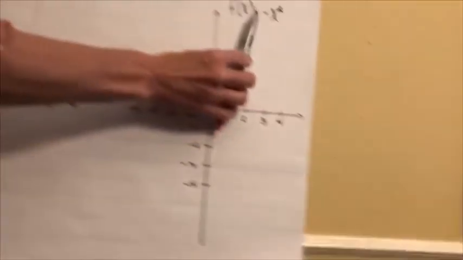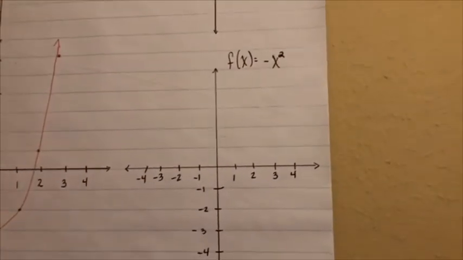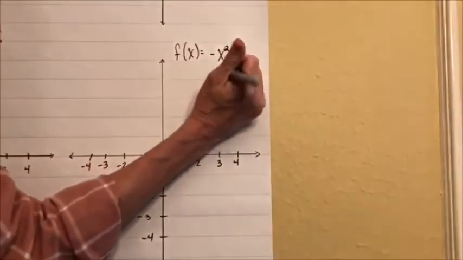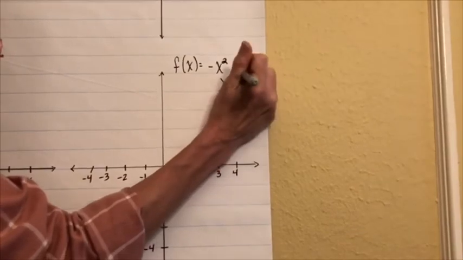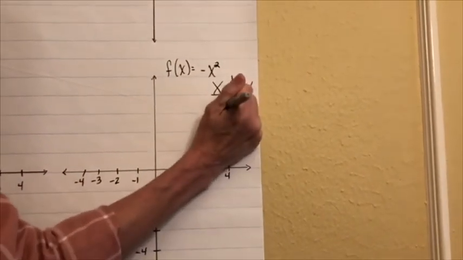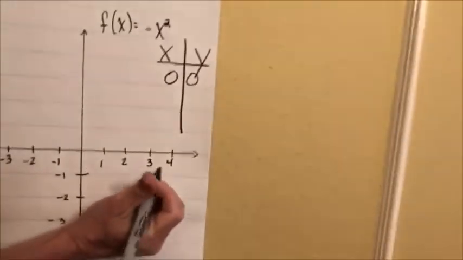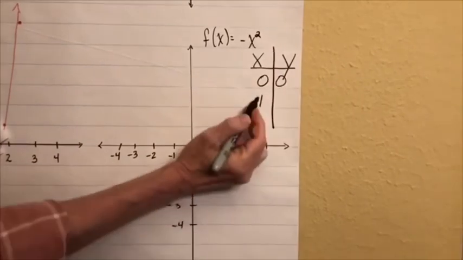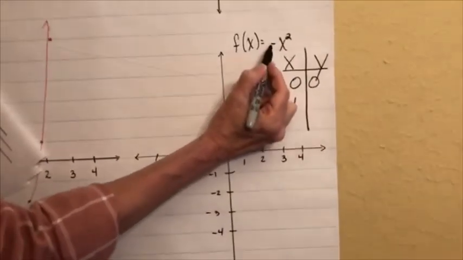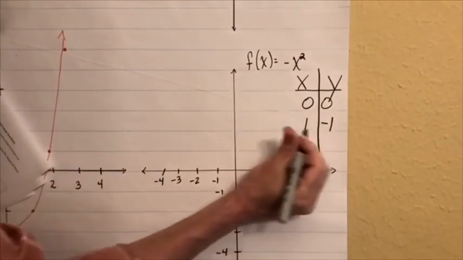What happens when we have the opposite of x squared? We know that 0 is going to be our vertex because when x is 0, y is 0. How about when x is 1? 1 squared is 1, but we have a negative out front, so it will be negative 1.